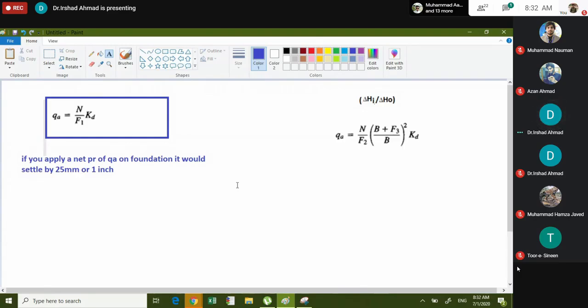This would give you QA for 25 mm foundation settlement. But if you allow 50 mm foundation settlement, definitely you have to increase the allowable bearing capacity.